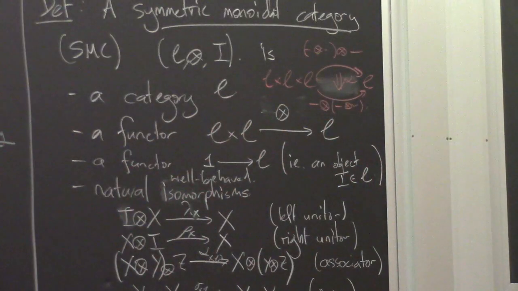So that's symmetric monoidal categories. Let's move slightly closer to the topic at hand, which is this resource theory idea, or collaborative design idea.